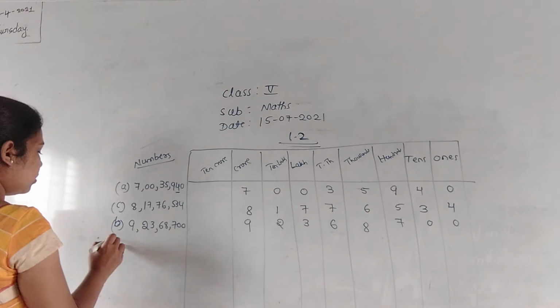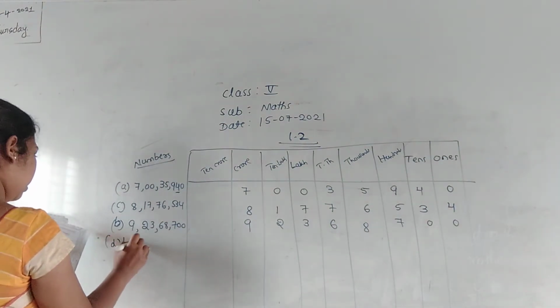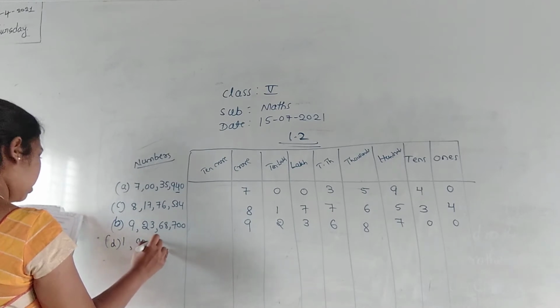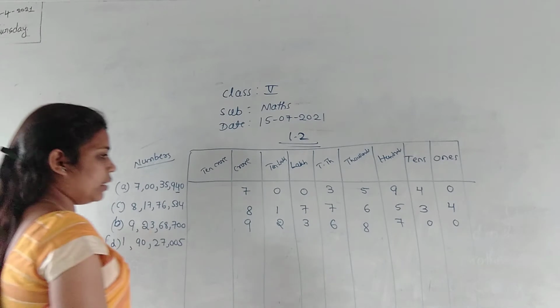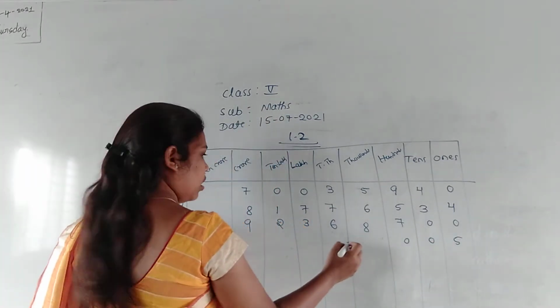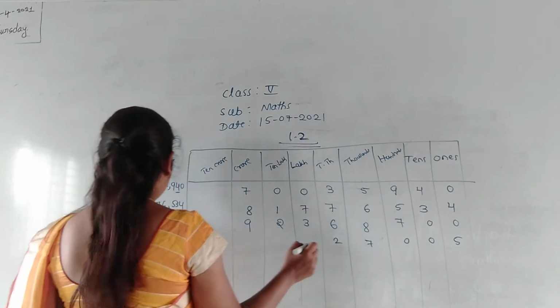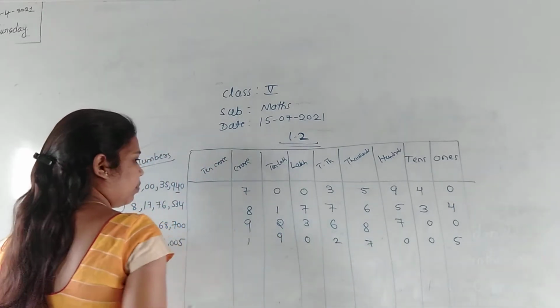Okay. Next, the next one. What's the next one here? 005. Okay. So now write the number in the place value chart. 0, 0, and here is the 7, 2, and here 0, 9, 1.